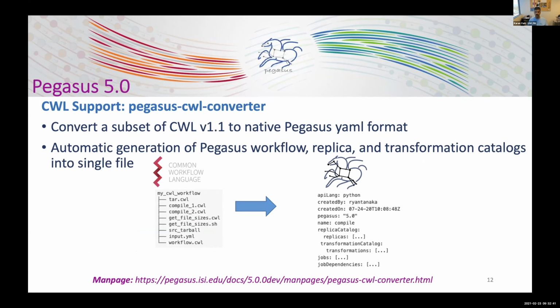It's a command line tool that we make available to our users, where you can take your CWL described workflows, and it will convert them into the new Pegasus formats, and then you can run your workflows doing that. We are interested in hearing back from our users if they find this support useful, and if you would like to see improvements. I will encourage all of you to contact us on our support channels.